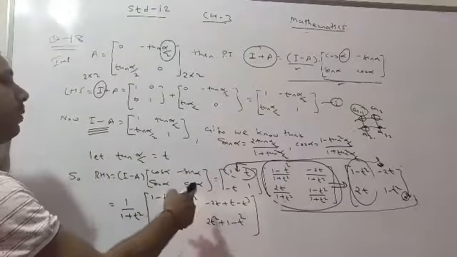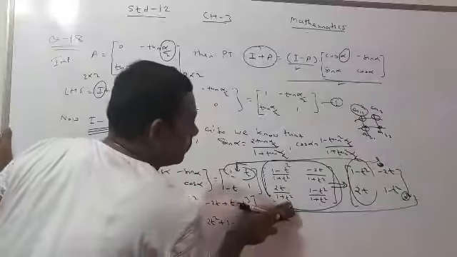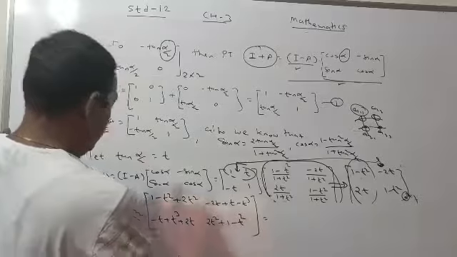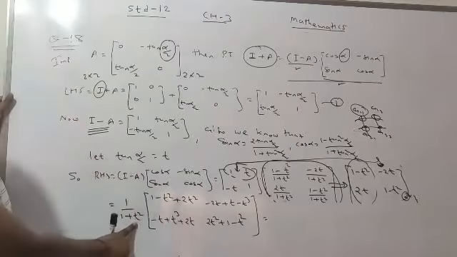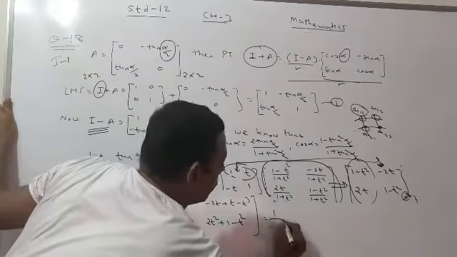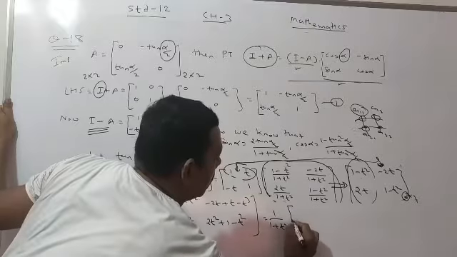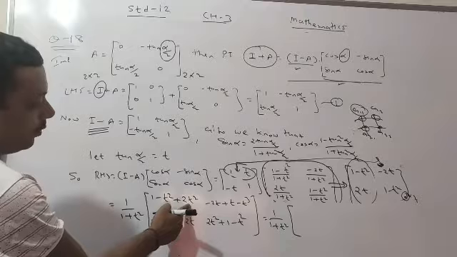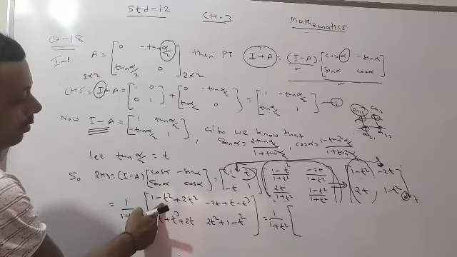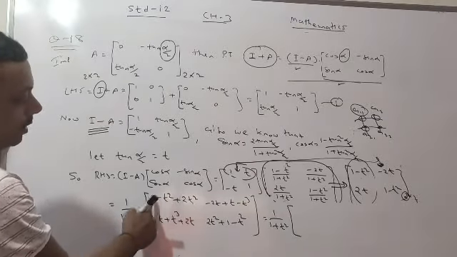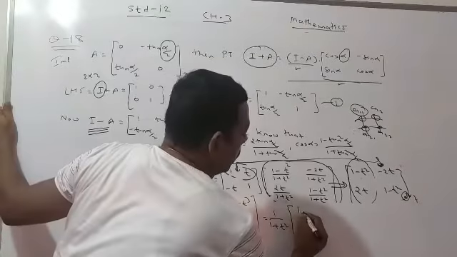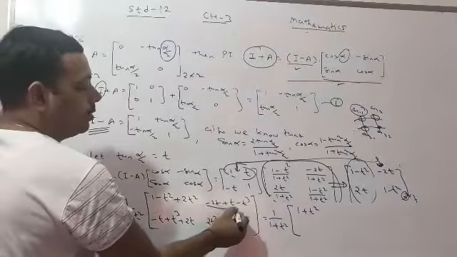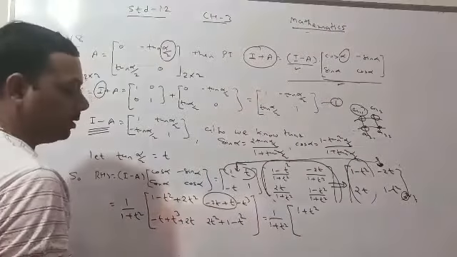Now after simplifying this, we will get, see, 1 upon 1 plus t square is still outside. Now observe this. 2t square positive, t square negative. So only 1 t square is left and 1 is there. So it is 1 plus t square. Now minus 2t plus t gives minus t.